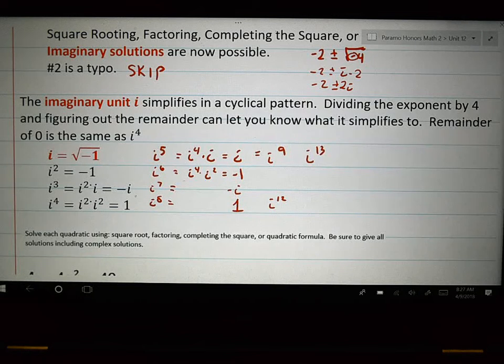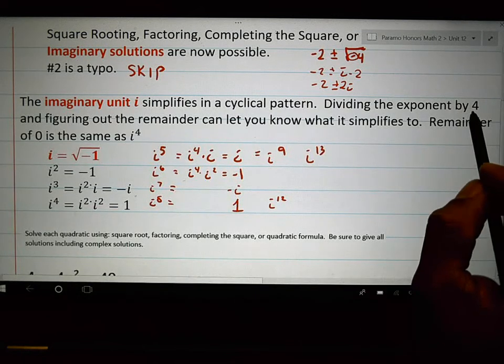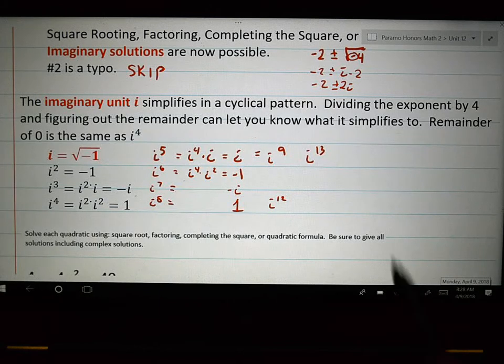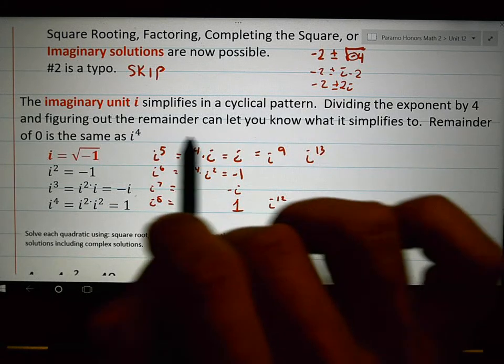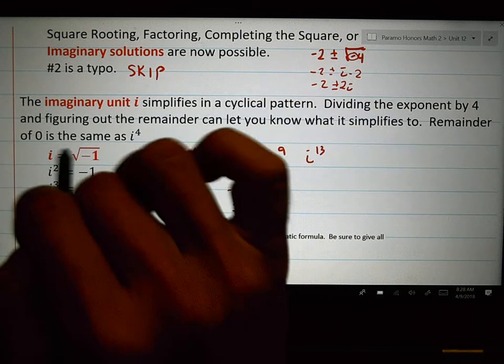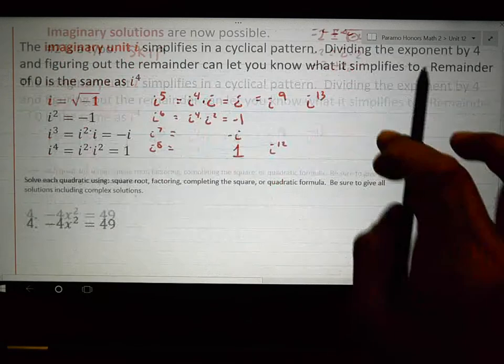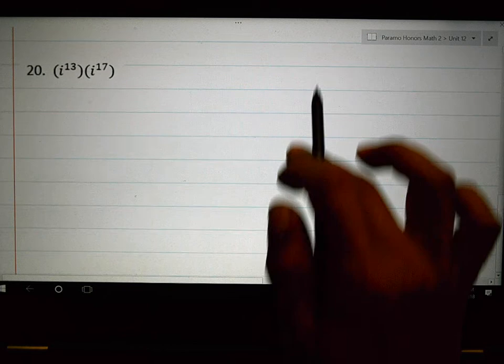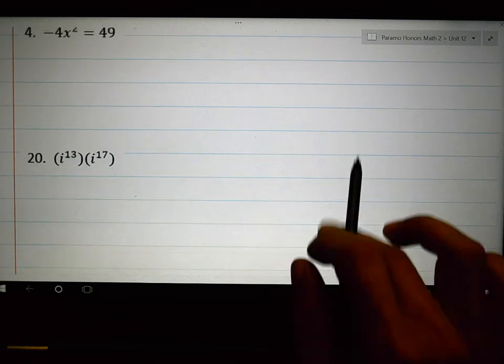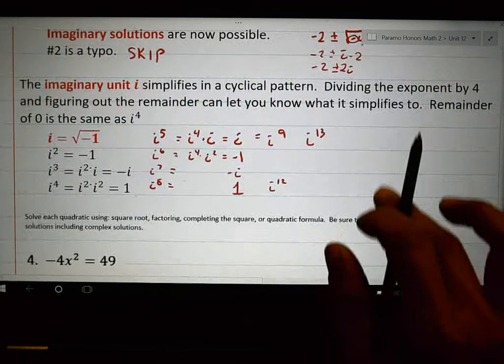So if I know what the remainder is when you divide by 4, you're going to know what this simplifies to. And you're going to be asked questions that look like that when you get to, let's say, number 20. Okay? So the rest of these things are examples.